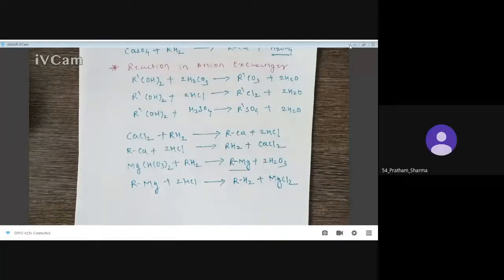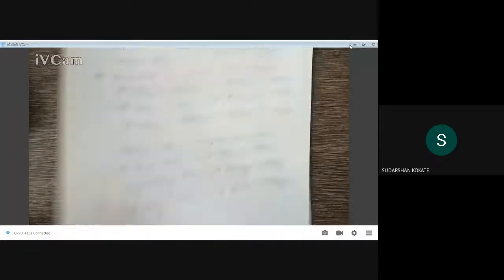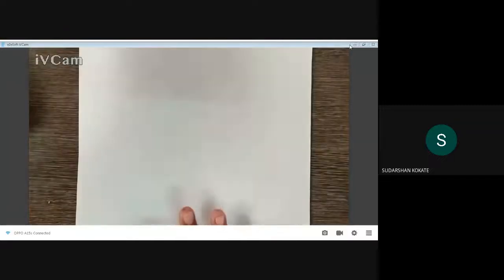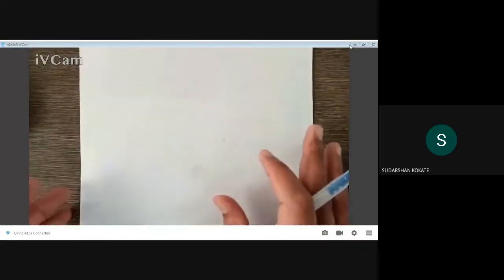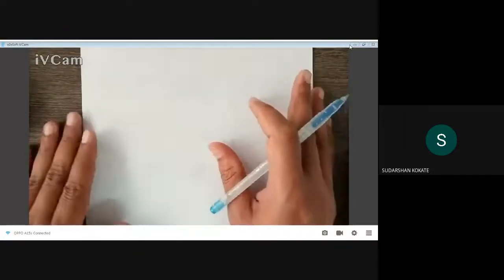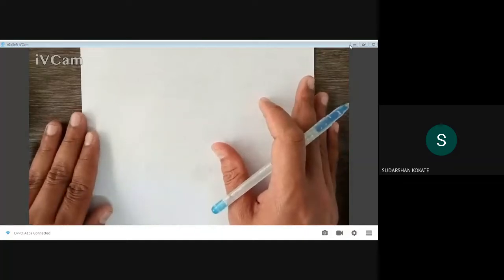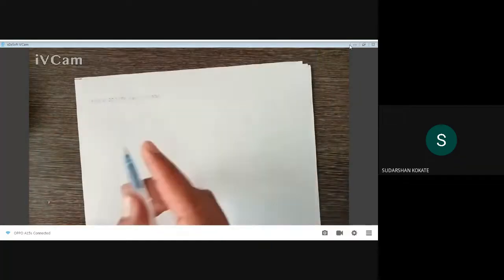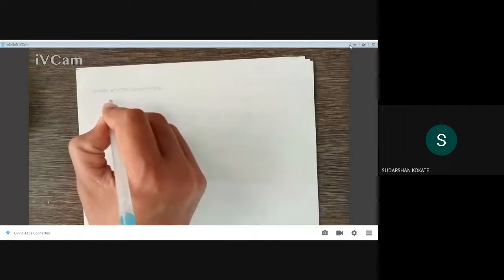Yes, sir. Okay. Now, in the ion exchange method, what are the advantages of this method? See, the advantage of the ion exchange method is that the water obtained has zero hardness. You remember this one.